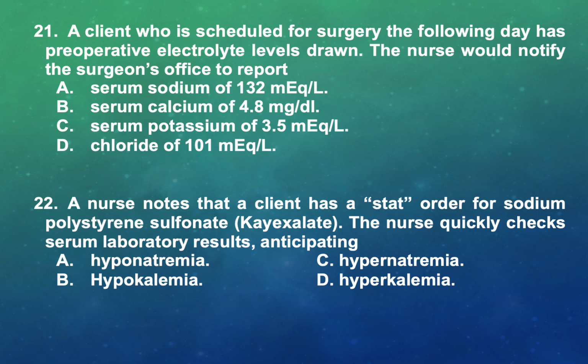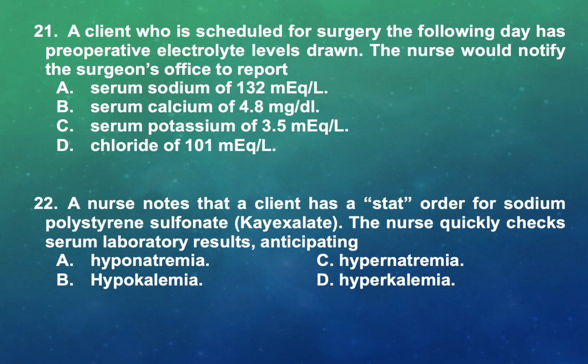22. A nurse notes that the client has a stat order for sodium polystyrene sulfonate, or Kayexalate. The nurse quickly checks serum laboratory results, anticipating hyponatremia, hypokalemia, hypernatremia, or hyperkalemia. 22, answer D. Because sodium polystyrene sulfonate, Kayexalate, is a cation exchange resin given orally or rectally to treat hyperkalemia.